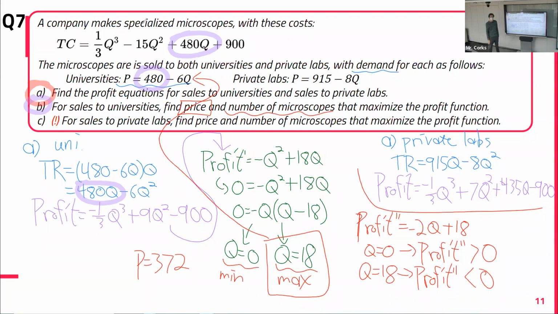The numbers are not as nice. For example, this one here has no Q term, so when we did this first derivative, we didn't have to solve a quadratic. We just had these two, so it's a lot easier. The other one is not.